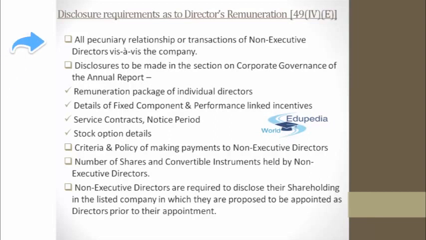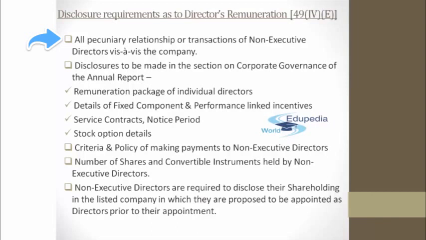Number one, all pecuniary relationships or transactions of non-executive directors with the company. Non-executive directors are the directors who don't have any pecuniary relationship or transactions with the company in the normal course of business. They are the ones who are independent, independent in nature, and they are the independent directors.